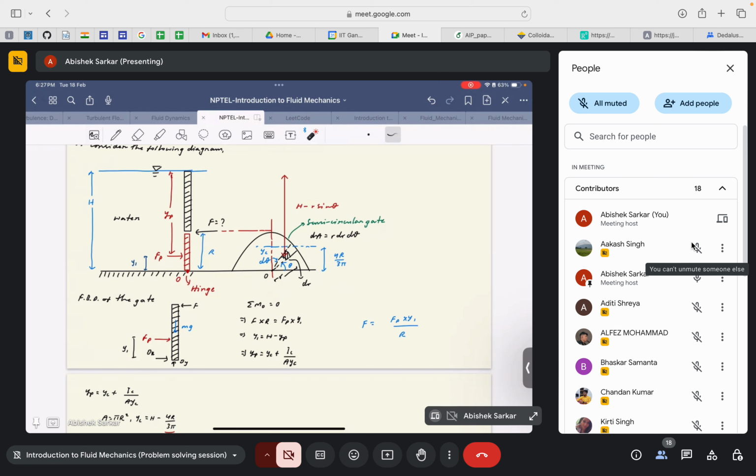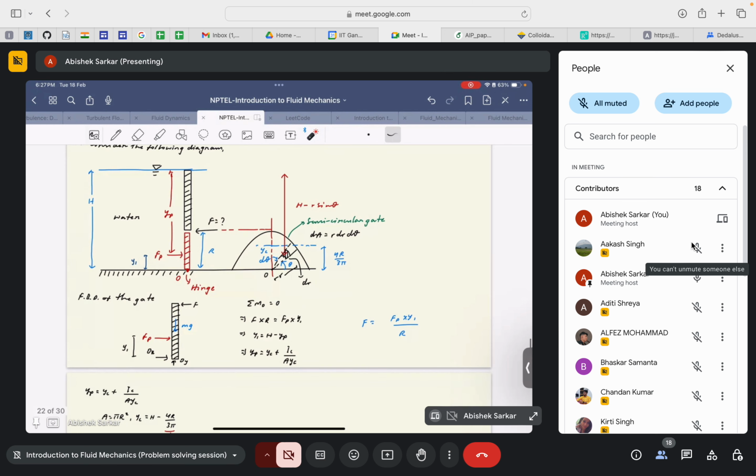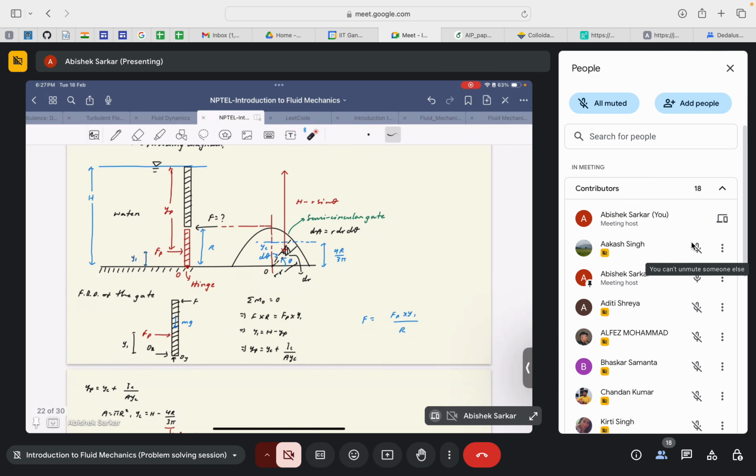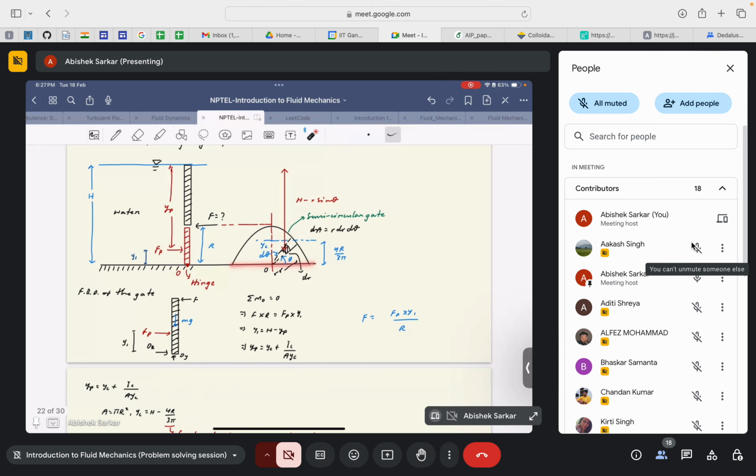It's a good exercise, as I already mentioned. It helps us to revise those concepts again and again. You can look into the internet, or if you remember, that's fine. So in this case, for a semicircle, the center of gravity is at a distance of 4r by 3 pi from its base.